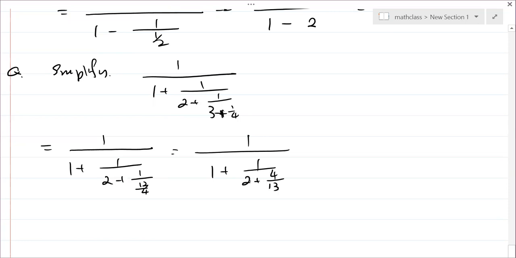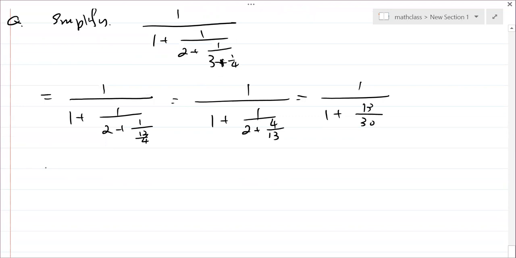Then add them together. 2 plus 4 over 13 will be 26 plus 4, which is 30. You can do it in your mind. Then it'll be 13 over 30. Then finally, 30 plus 13 is going to be 43. So the answer will be 30 over 43. Okay, good job.